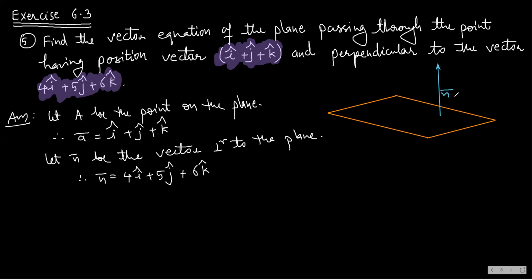This is n bar. Then what? Take a point on the plane. I take a point A on the plane. And take a variable point R on the plane. Then join point A with R. So you will get the vector AR bar. And this AR bar is definitely perpendicular to n bar, because AR bar lies completely on the plane.